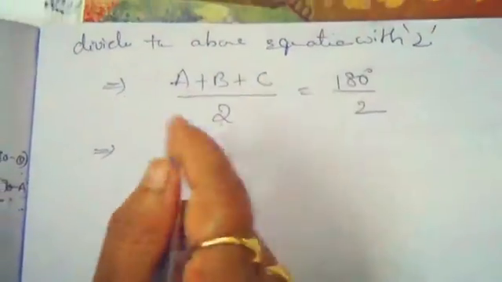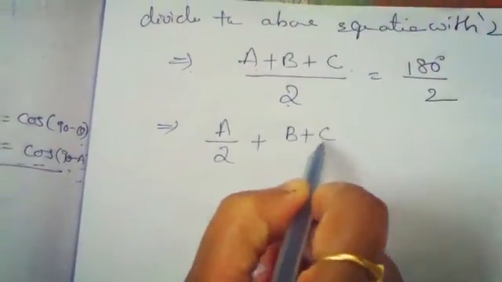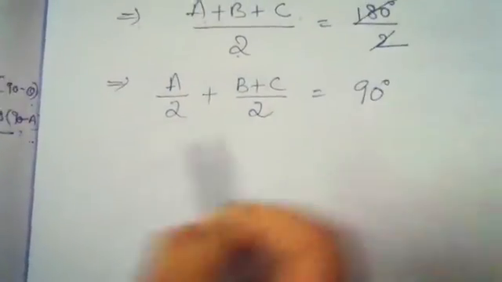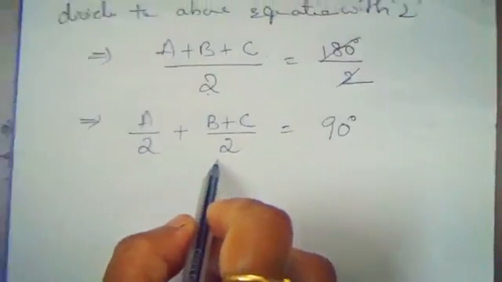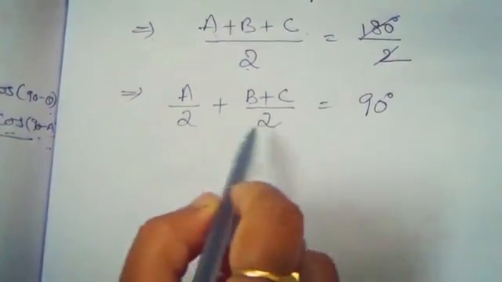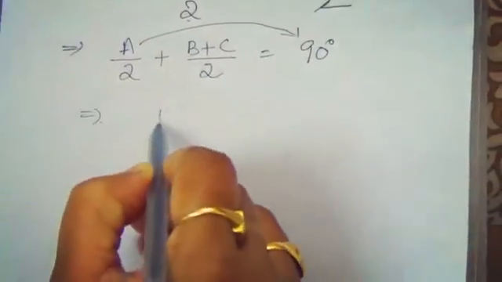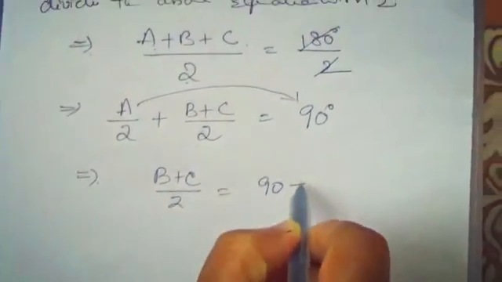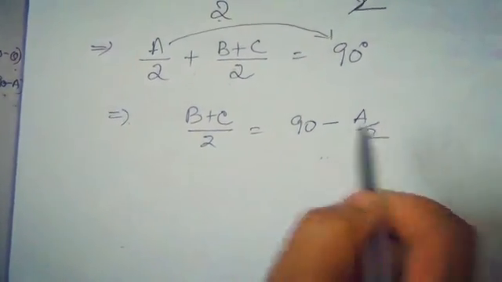Hence I am separating these terms as A by 2 plus (B plus C) by 2 is equal to, when you cancel this, 90 degrees. According to the proof, I want to separate these terms. We just bring this one to the other side. That implies (B plus C) by 2 is equal to 90 minus A by 2.